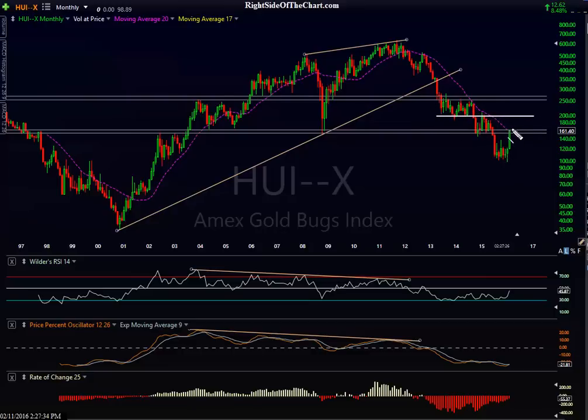So if and when we punch through, my ideal scenario would be a pullback here, work off the near-term overbought conditions, and then power on up through that level, then have a reaction there, pull back. That will have taken us above the 20-period monthly average. It will have taken us above the downtrend line off the highs. This is where I would say a new bull market has begun in mining stocks.